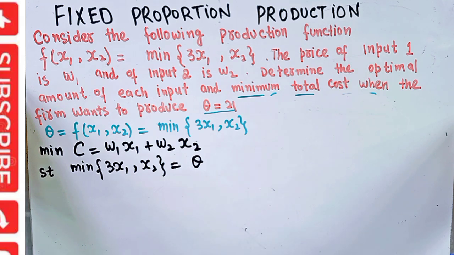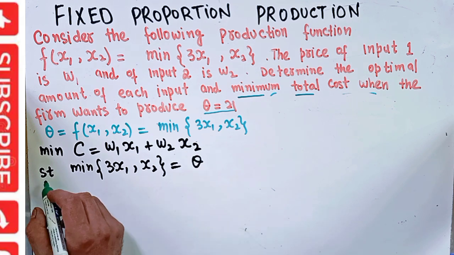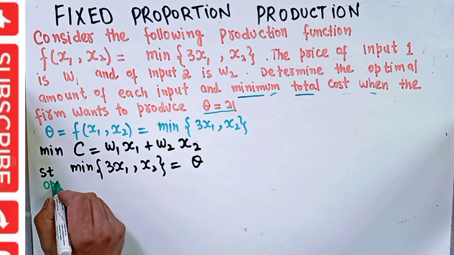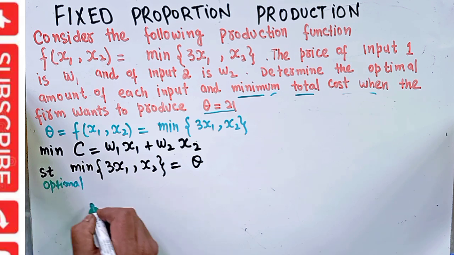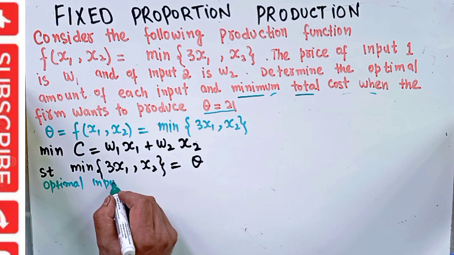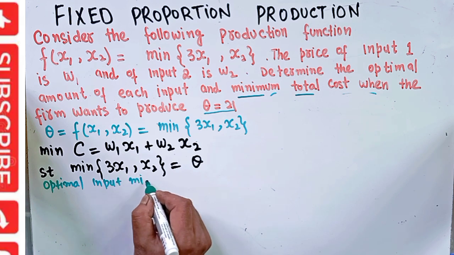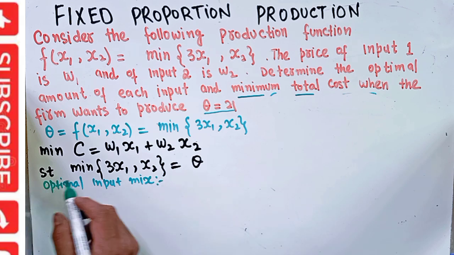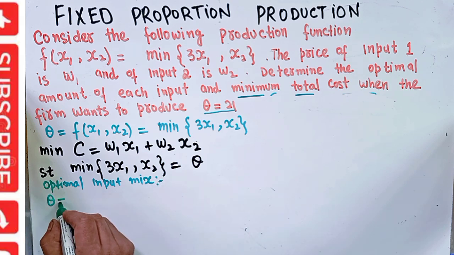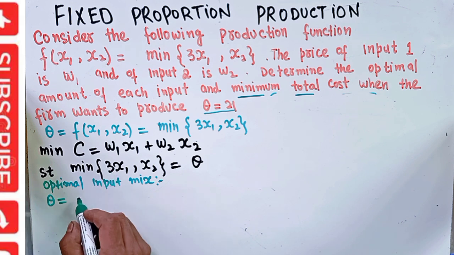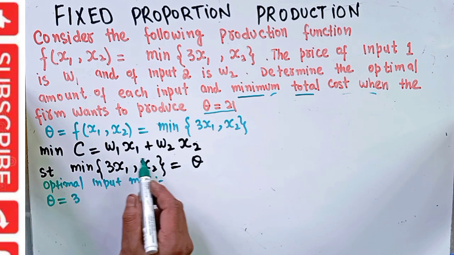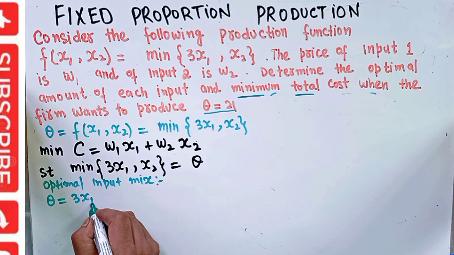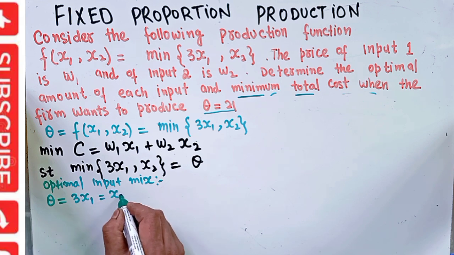Now, the optimal input mix in case of a Leontief production function requires that we equate the total output that is supposed to be produced with the terms in the parenthesis, that is 3x1, and we equate it with x2.